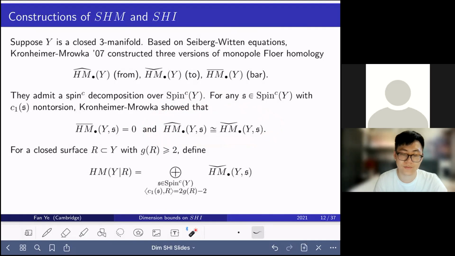So there is indeed just one essential group, and we only need to consider it as HM. There's no bar, no from, no to version.